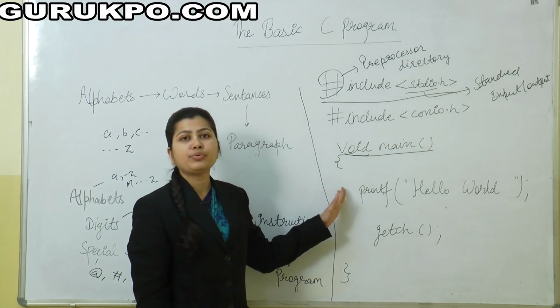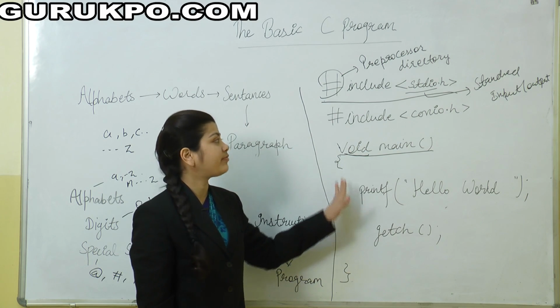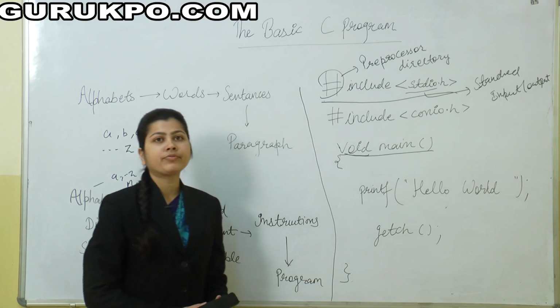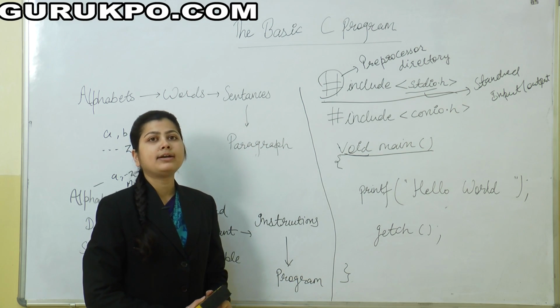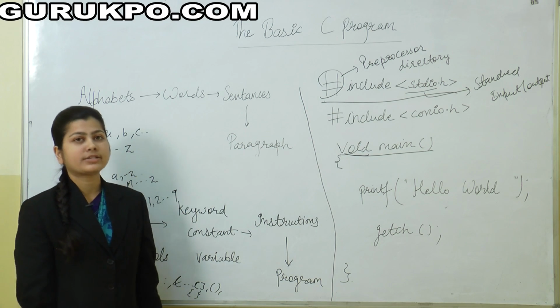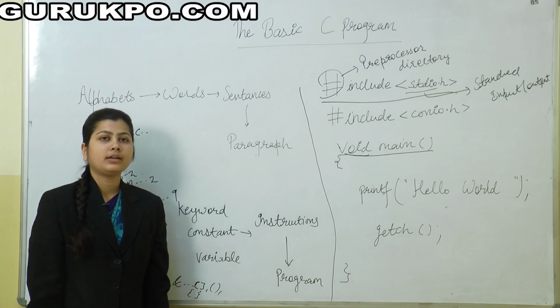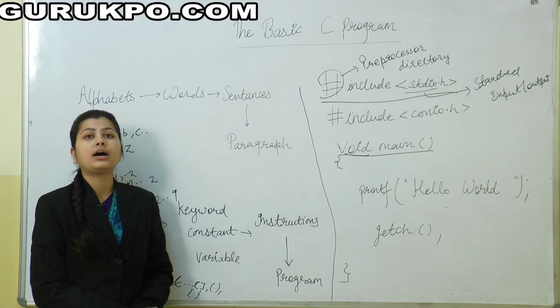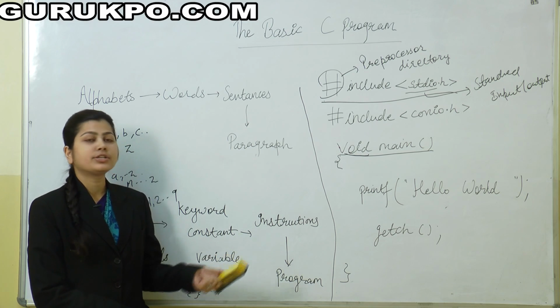The various functions we use in our program are defined in this header file, and .h is the extension of the header file. Similarly, if we create a document in MS Word, the extension is .doc. In MS PowerPoint, the extension is .ppt, and in MS Excel, the extension is .xls.